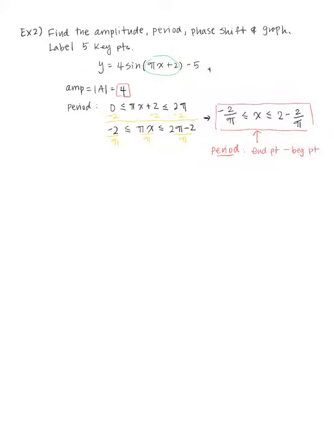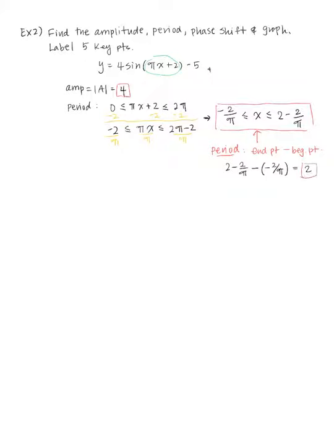Alright, so in that case, what do we get? 2 minus 2 over pi, that's our endpoint. And then minus the beginning point is minus 2 over pi. So minus minus is going to become plus. So here our period is going to be 2.